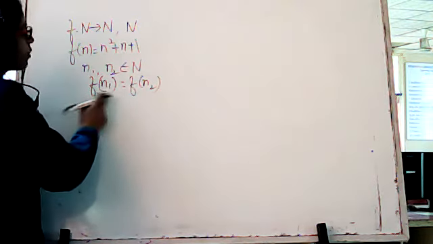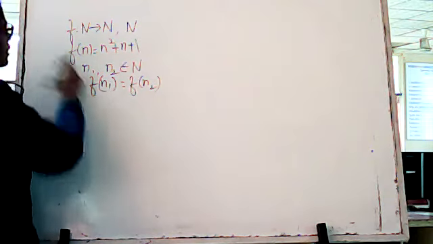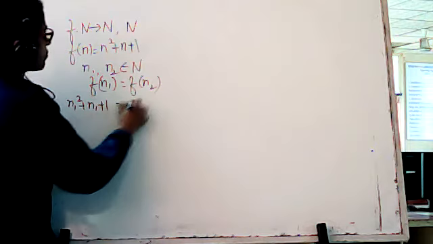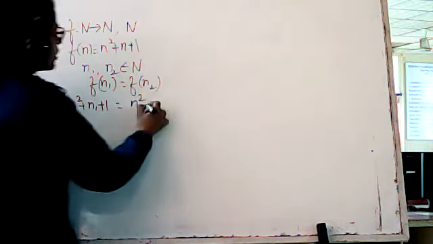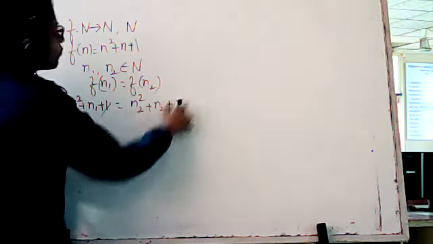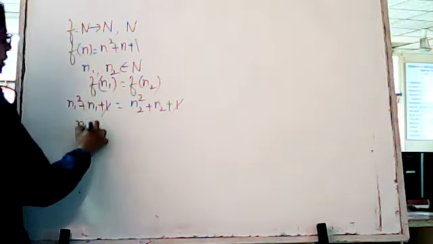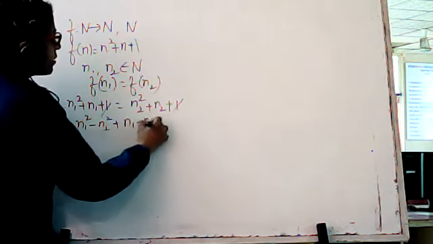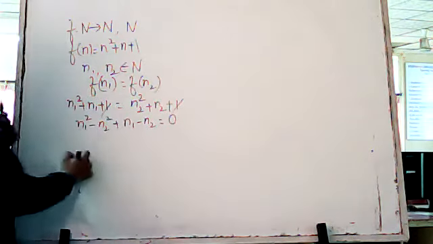Replace n with n1. We get n1 square plus n1 plus 1. Similarly, n2 square plus n2 plus 1. 1 and 1 will be cancelled out. It will be n1 square minus n2 square plus n1 minus n2 equals to 0.